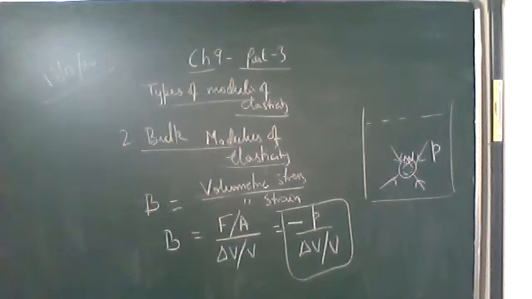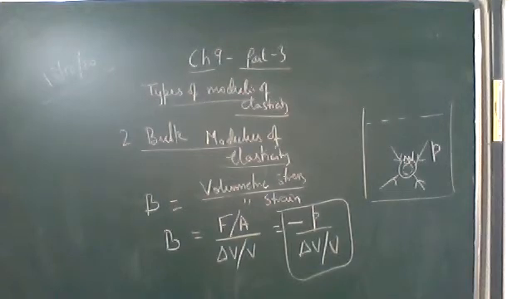Here we have considered one example, a sphere placed deep inside water. The water is exerting pressure from all sides on the sphere. Due to this pressure, the volume of the sphere decreases. Let it decrease by delta V.